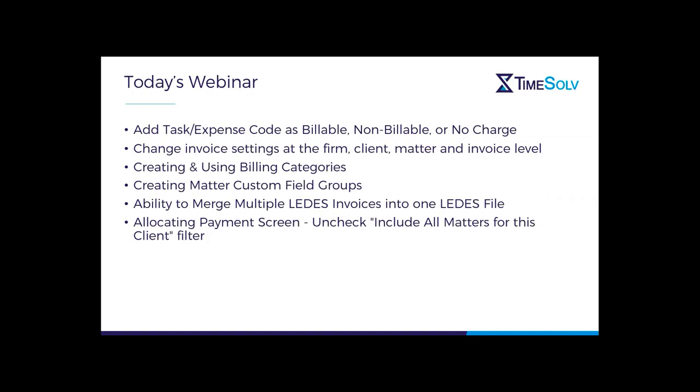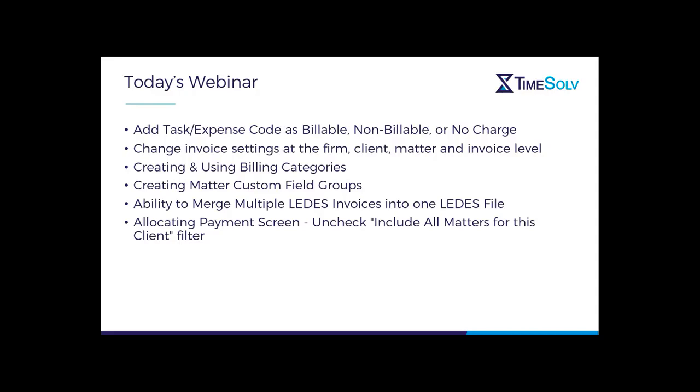And then a change that we pushed out maybe about 6 weeks ago, maybe 2 months ago, is the ability to create billing categories and, most importantly, generate draft invoices based on those billing categories.